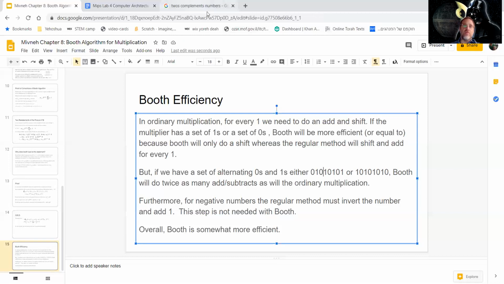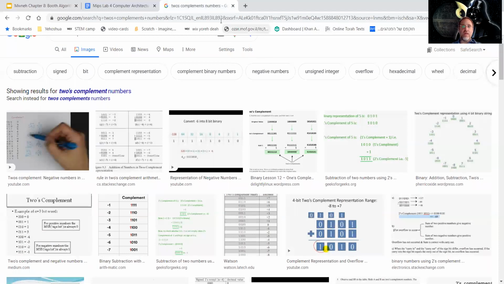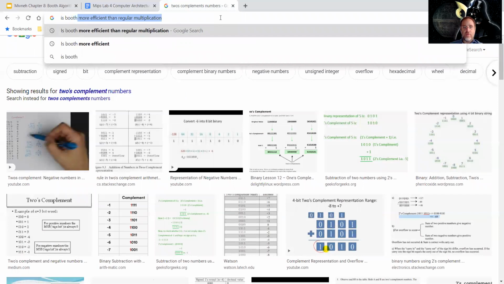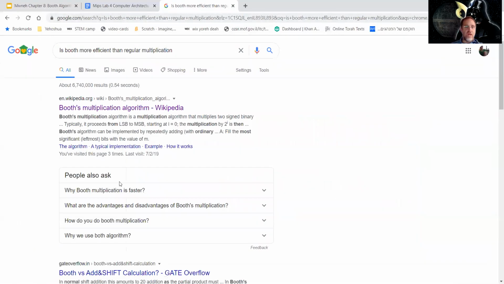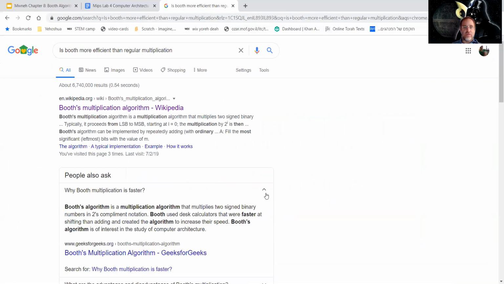If you go to the internet and type in is Booth more efficient than regular multiplication, and why Booth multiplication is faster, it says Booth's algorithm is a multiplication algorithm that multiplies 2 signed binary numbers in 2's complement. Booth used desk calculators that were faster at shifting than adding, and created the algorithm to increase their speed.